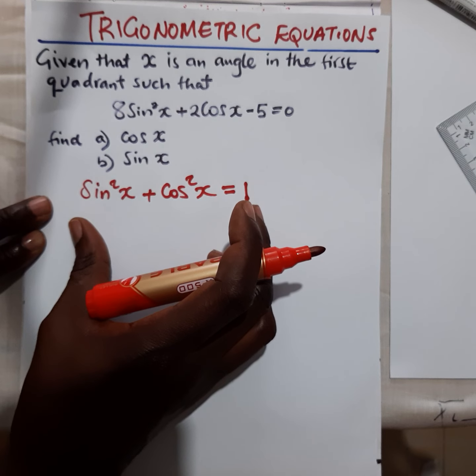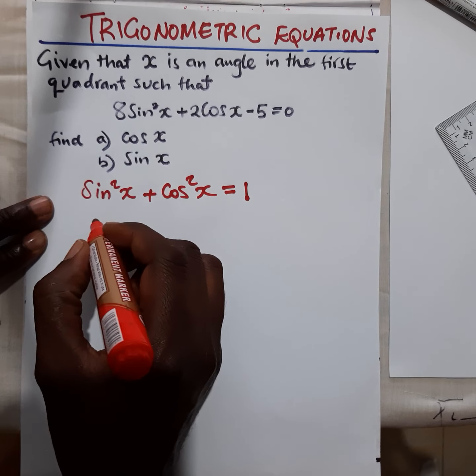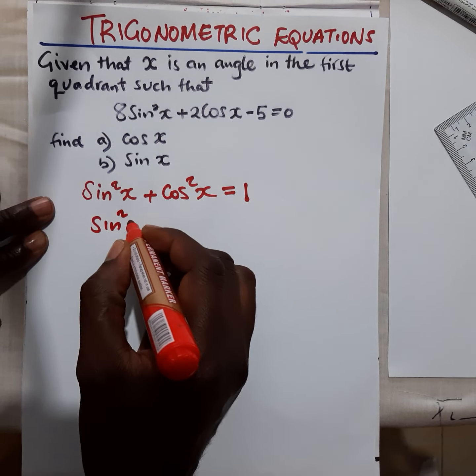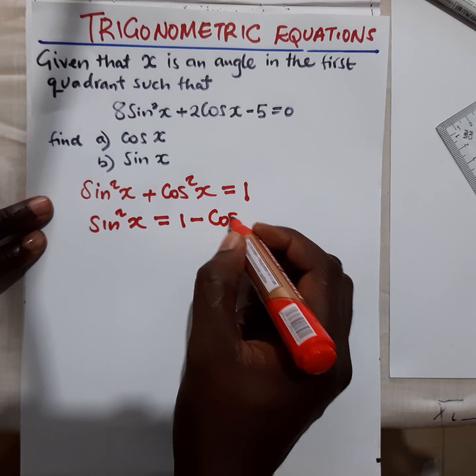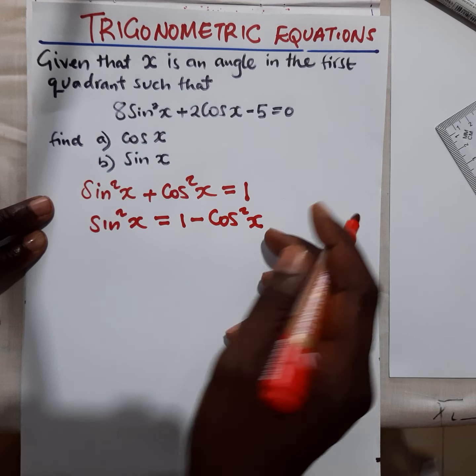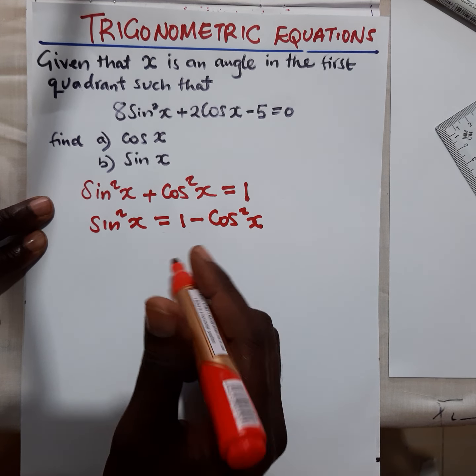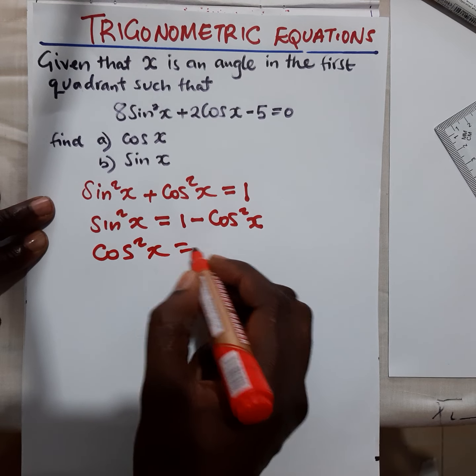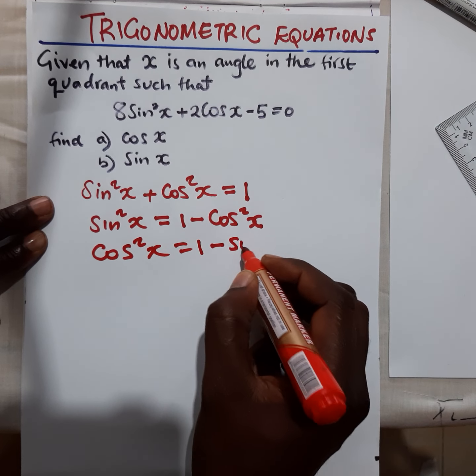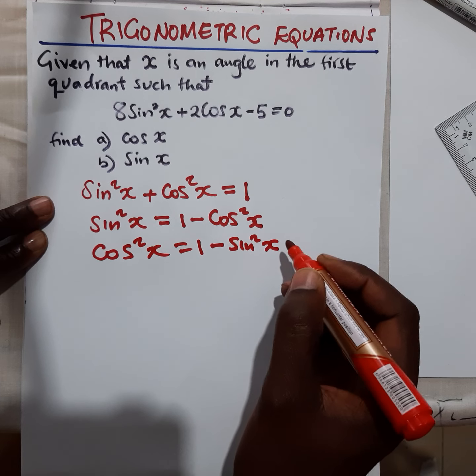From this identity we can have sine squared x equals 1 minus cos squared x, and we can also have cos squared x equals 1 minus sine squared x.